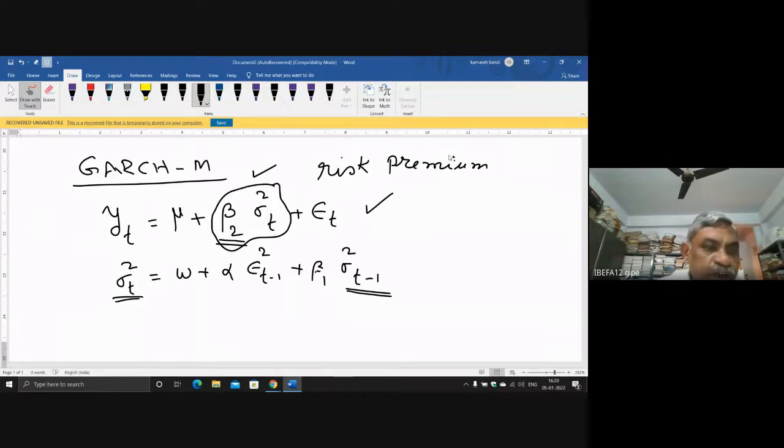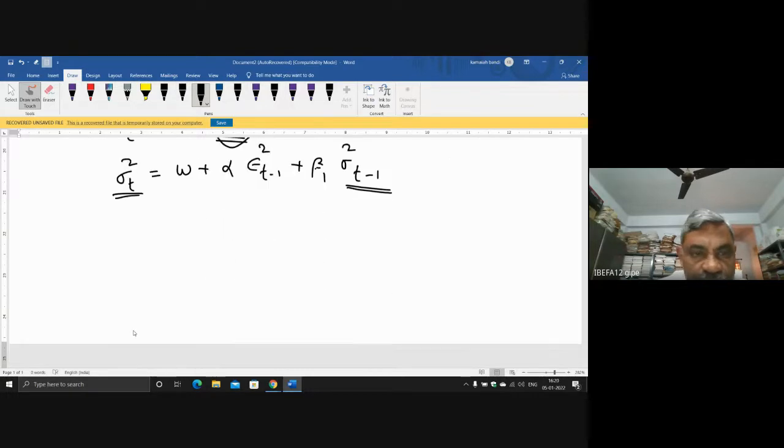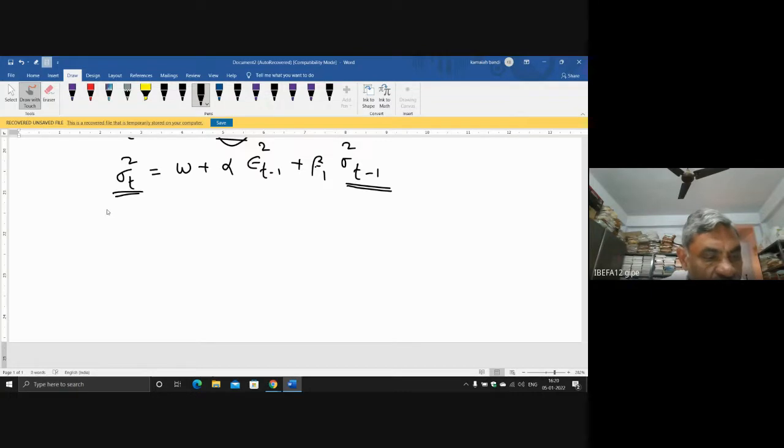Another version of Garch in mean model is very interesting. That is, the relationship between mean of a return and its variance, they both are accommodated in this fashion.